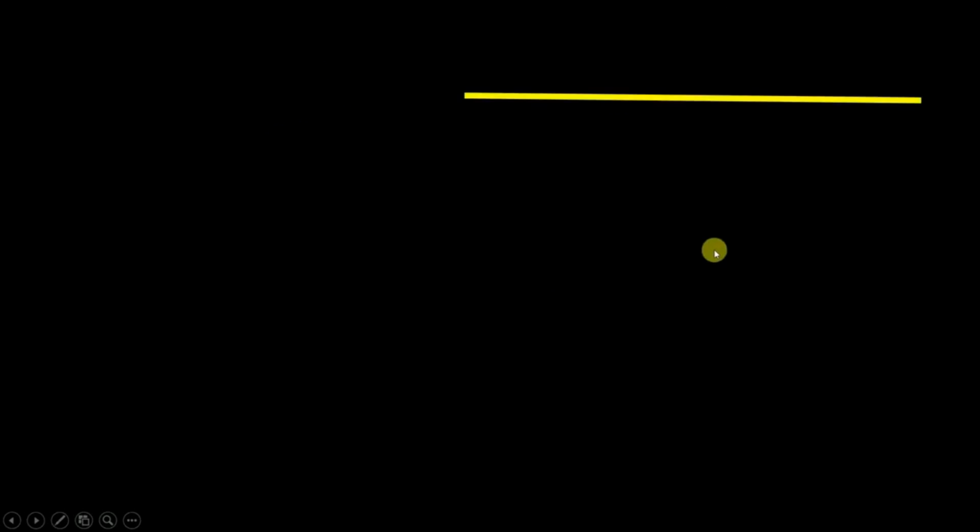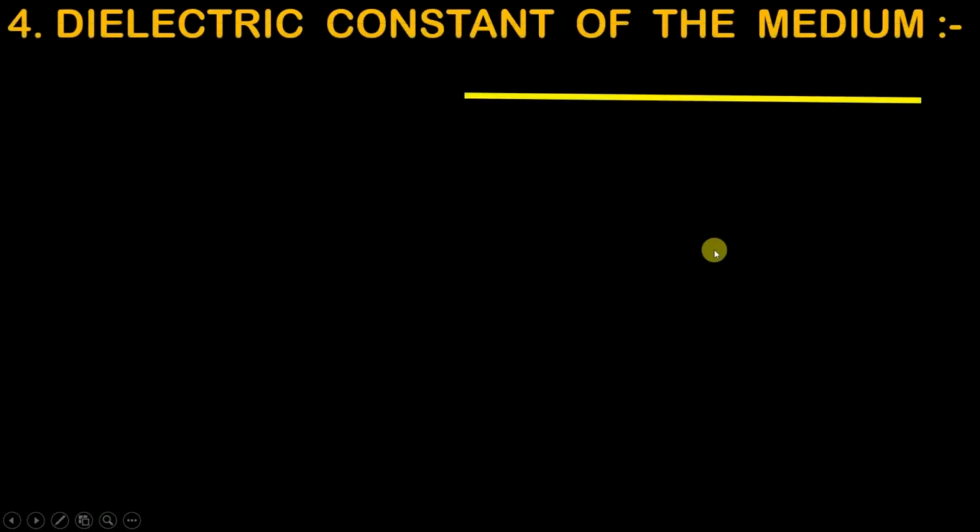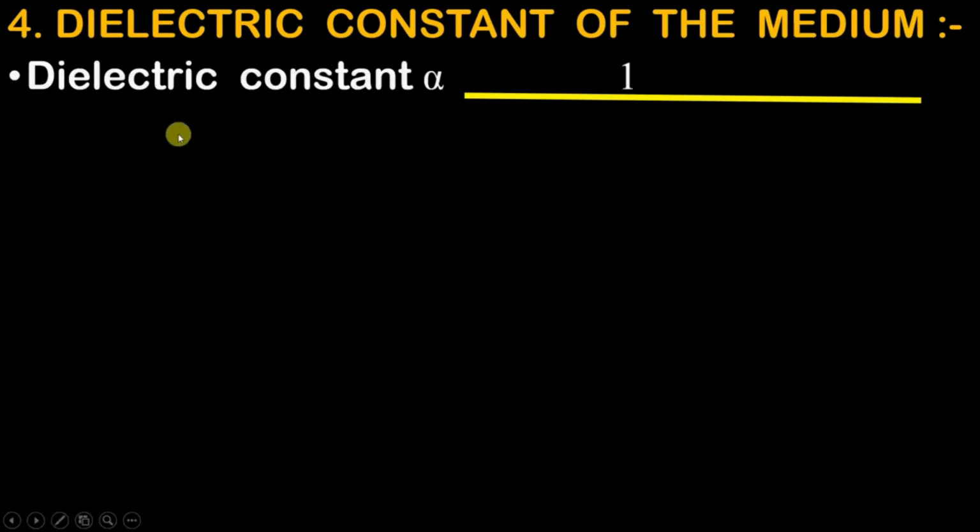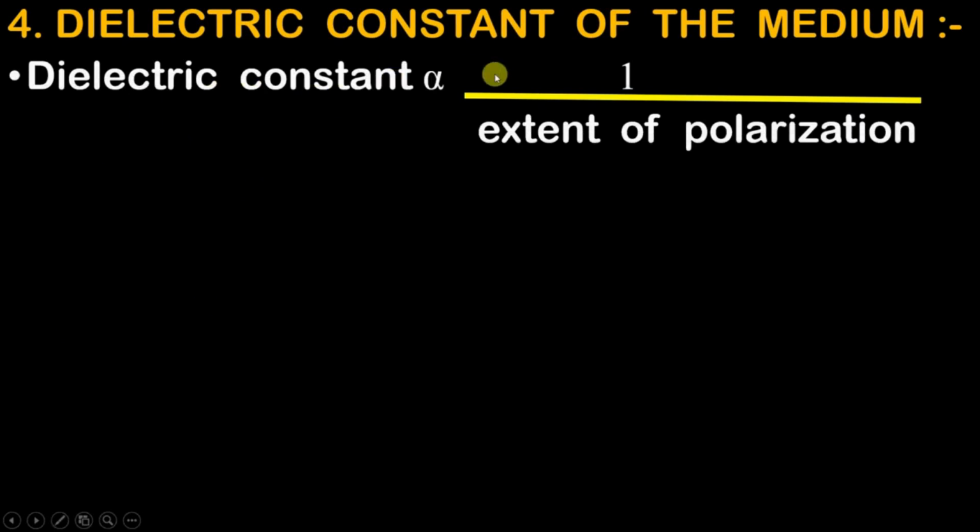Clear? Now, the fourth one is the dielectric constant of the medium. You will be learning dielectric constant in depth when it comes to physics. Here you just need to keep in mind that dielectric constant is inversely proportional to the extent of polarization. Greater the dielectric constant, less will be the polarization, less will be the covalent character. Less the dielectric constant, greater will be the extent of polarization, greater will be the covalent character.